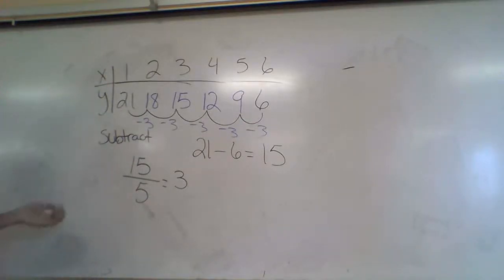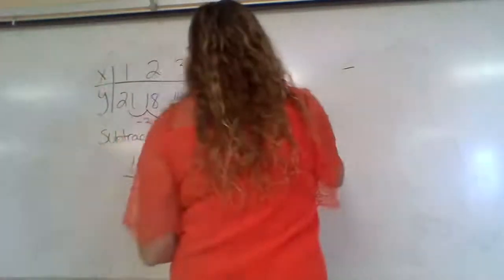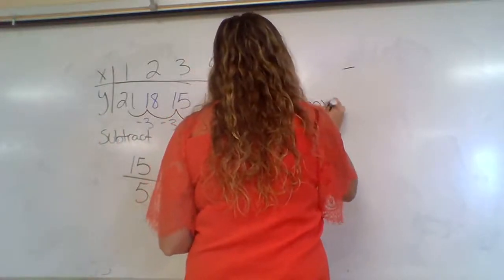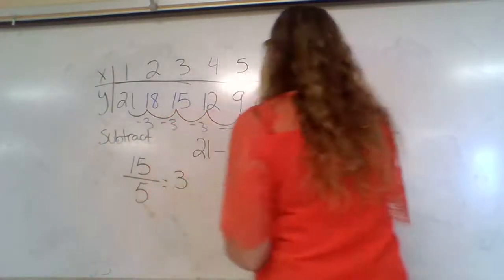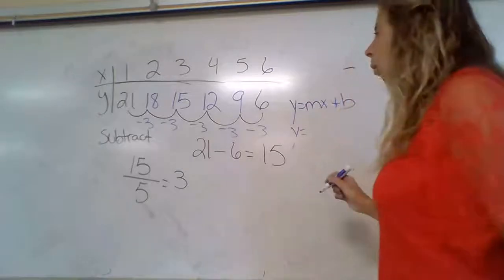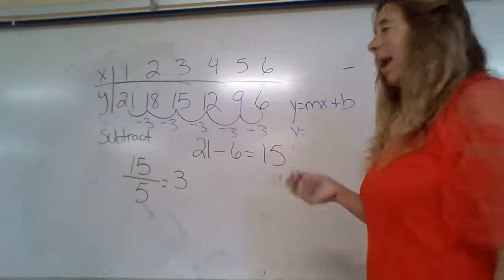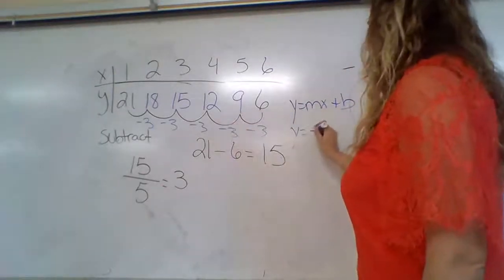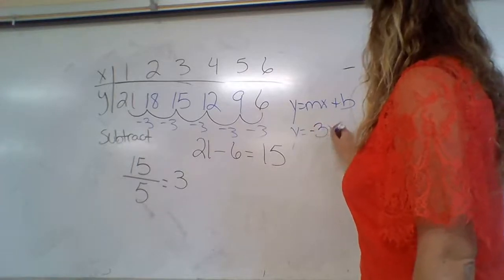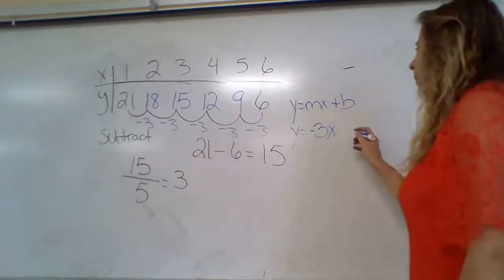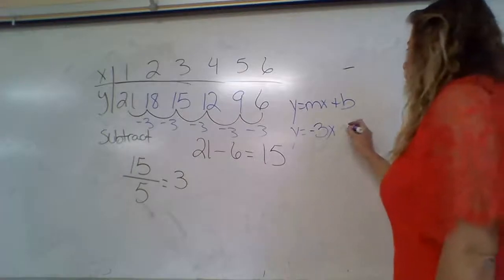So now for your equation, your slope is -3. What is your y-intercept? It's not given to us in the table. Figure it out, please.